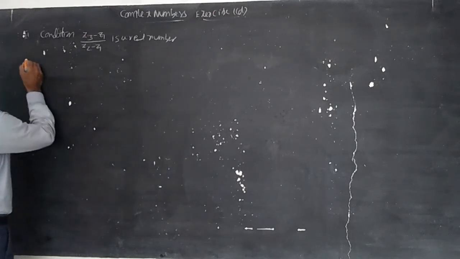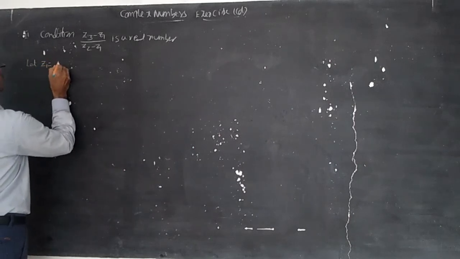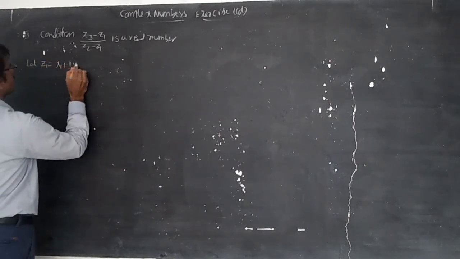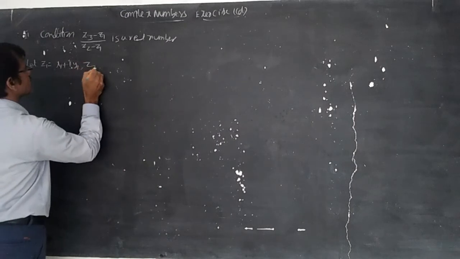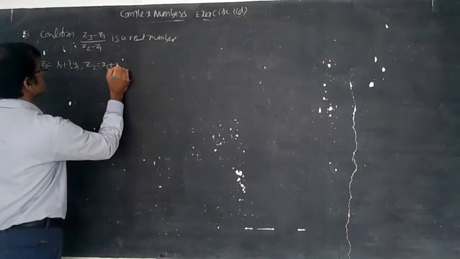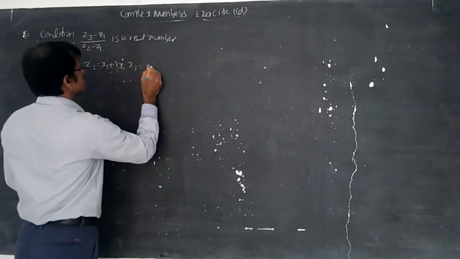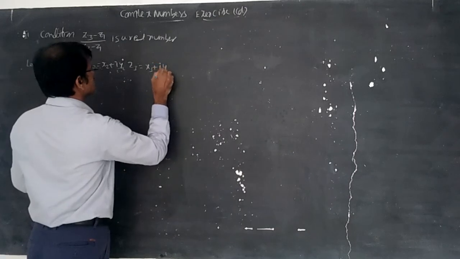Now let Z1 equal to x1 plus i y1, Z2 equal to x2 plus i y2, Z3 equal to x3 plus i y3.